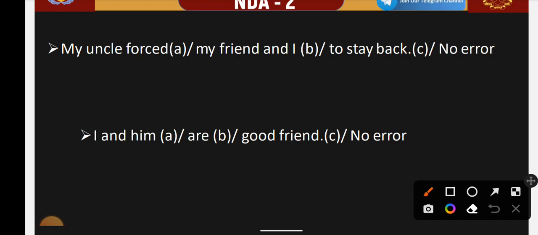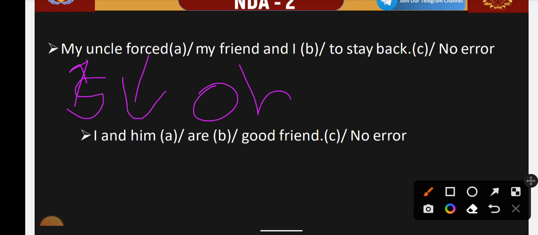What I am saying is, my uncle is the subject of the sentence, and this is the verb of the subject. Then after the verb we should use the objective case of the pronoun.